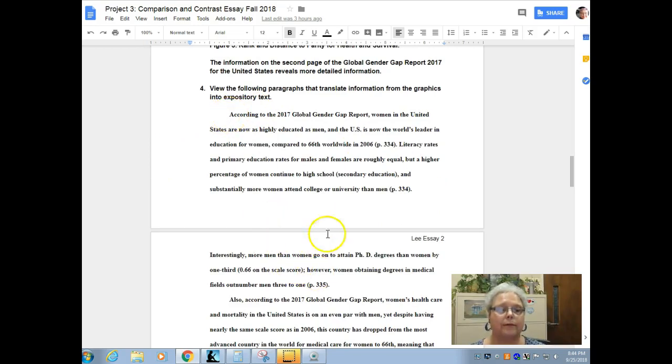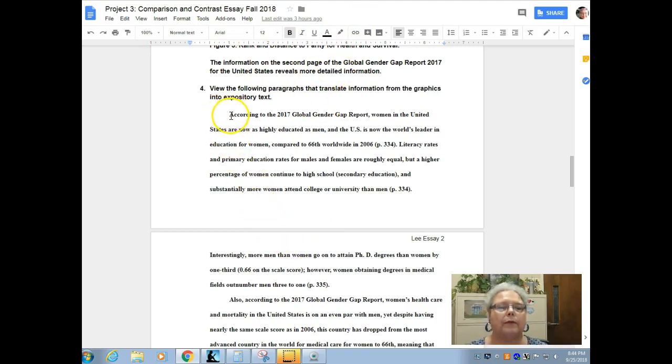Notice they all have topic sentences, and they use information from that report to build the paragraph. In other words, you're looking at what we just looked at, but you're explaining it. Expository just means explaining. You're explaining it in words in a paragraph instead of referring people to those figures.